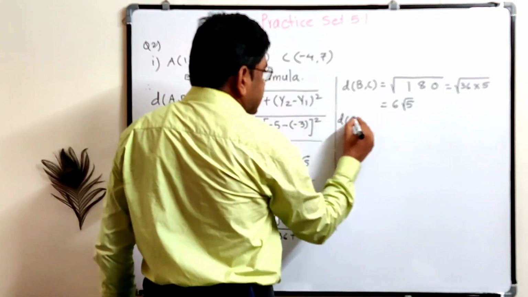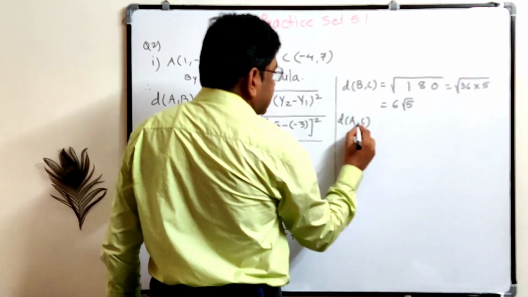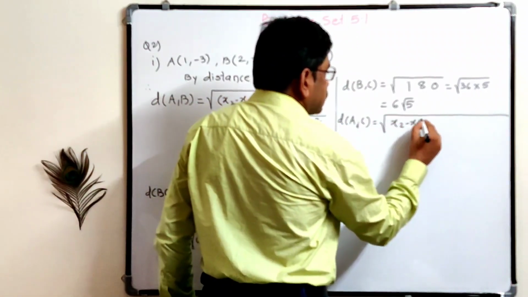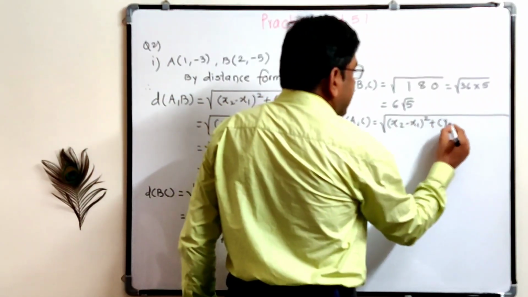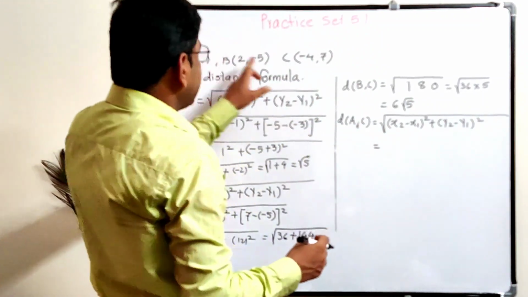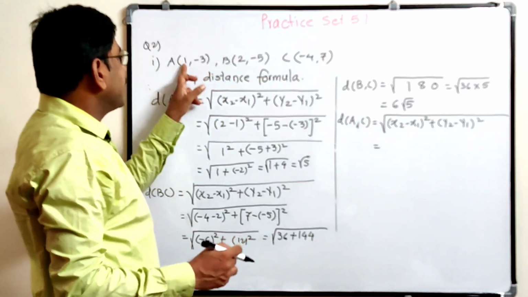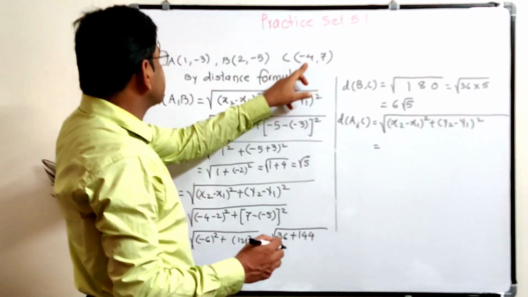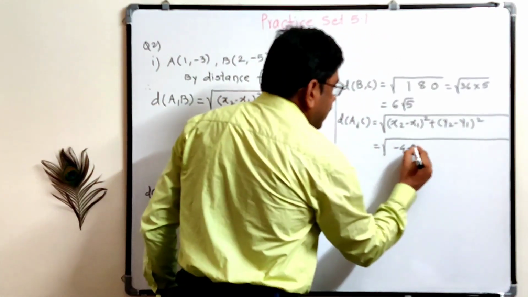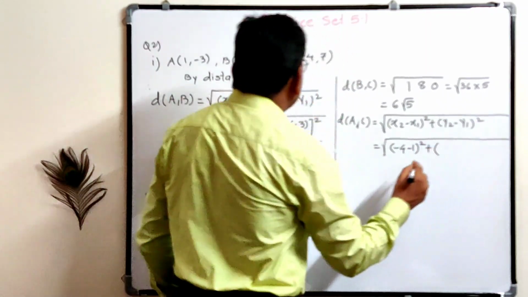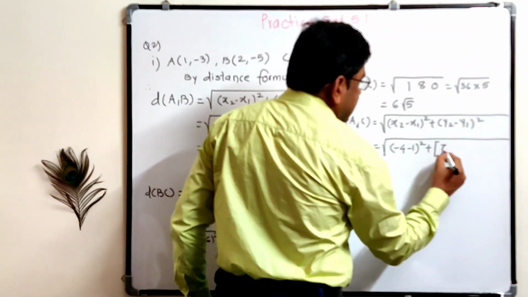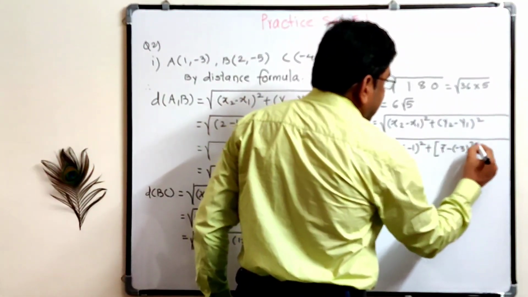Now distance AC, third distance. AC is equal to root of (x2 minus x1) square plus (y2 minus y1) square. Here A and C, observe the coordinates, x1 y1, x2 y2. So x2 means minus 4 minus 1, (minus 4 minus 1) square plus y2, 7 minus 3, so here square bracket (7 minus 3) square.